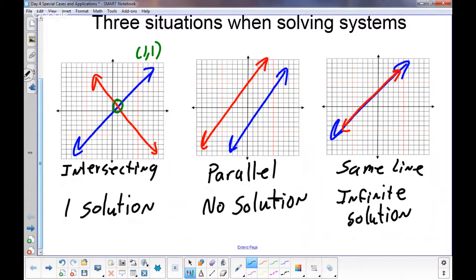Because they're intersecting all the time, no matter what number we plug into either one, they will always work at the same time. So, going back, with graphing, if we have intersecting lines, there's one solution. If we have parallel lines, there is no solution. And if we have the same line, two lines graphed one on top of the other, we have infinite solutions. All right, so those are the situations we're dealing with when we deal with graphing.